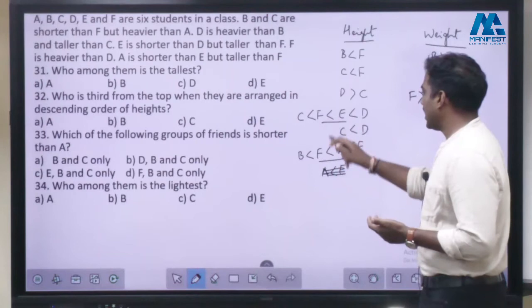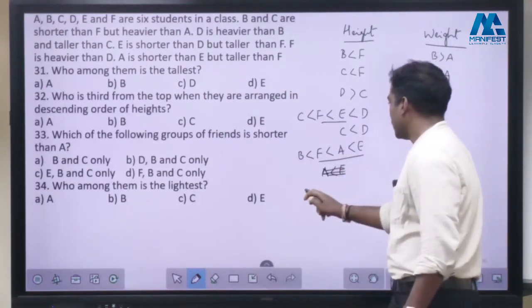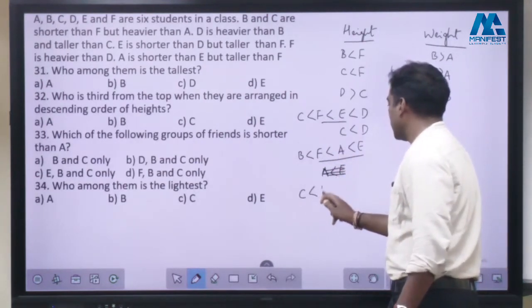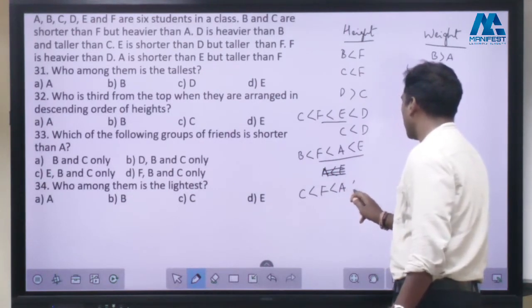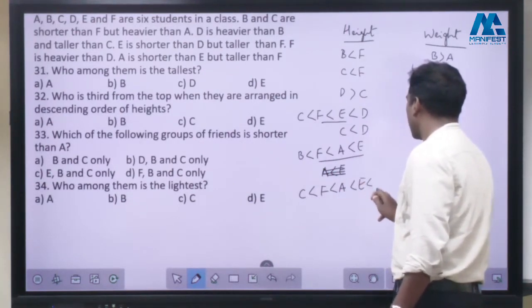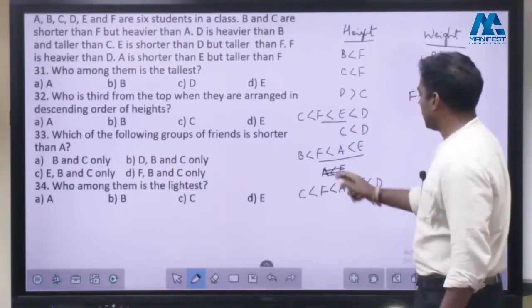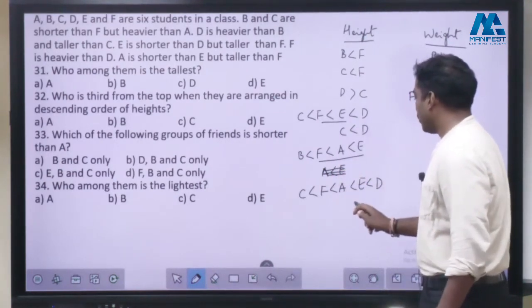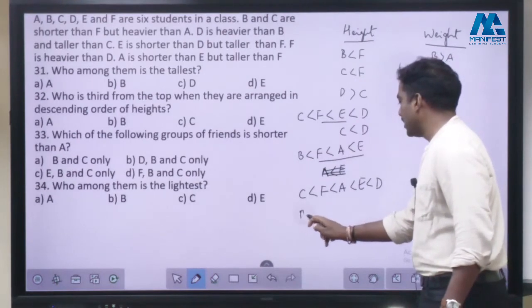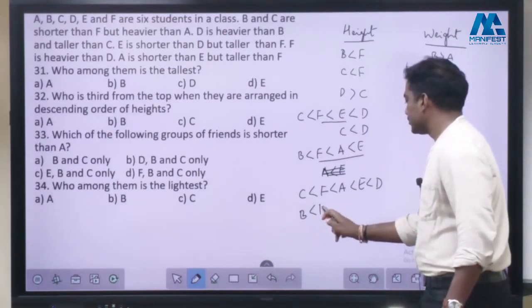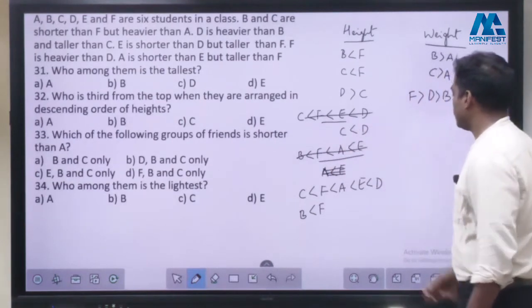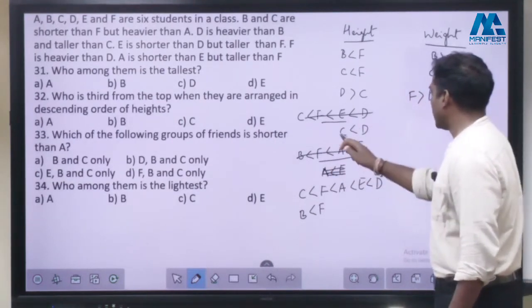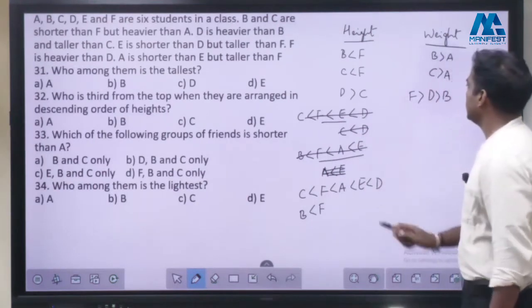So here I can actually include this A. So it will become what? C, F, D. Okay, so this is done. But if you take this one, B will come here. So this is gone. C is smaller than D. Already this is done.